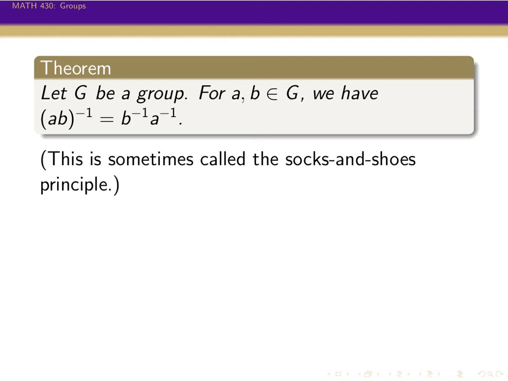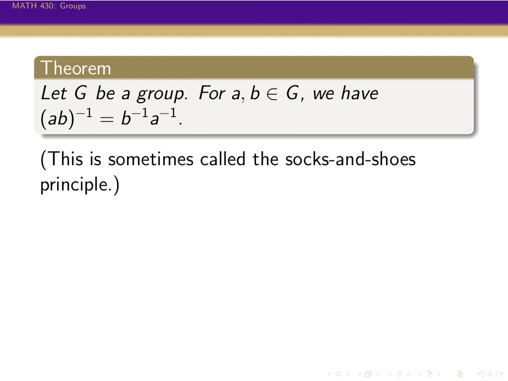And so oftentimes, in a tongue-in-cheek way, this is called the socks and shoes principle. If you're going to wear socks and shoes, how do you put them on? Well, you would put your socks on first and then your shoes on after that. So what's the inverse of that? That would be taking both of them off. When you're wearing socks and shoes, the first thing you do is take the shoes off, and then you take off the socks.